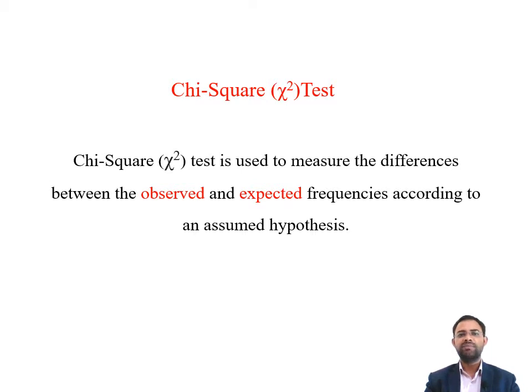The chi-square test is also applied as a test of goodness of fit, and it is used to determine whether the actual or observed values are similar or in good agreement with the expected or theoretical values.